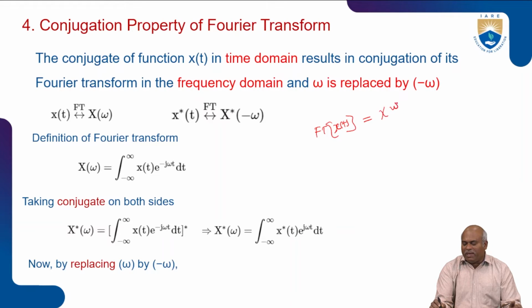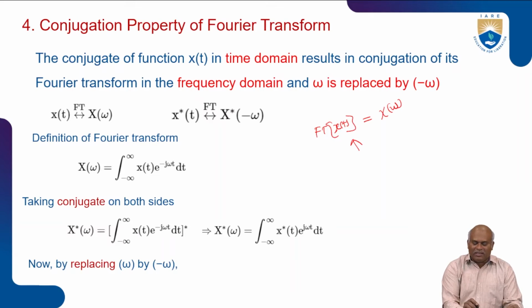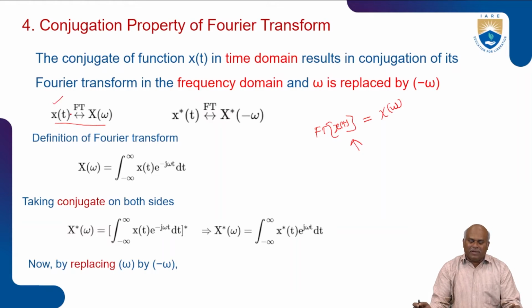If you take the inverse Fourier transform, we again get x of t. That's why I use arrows in both directions.